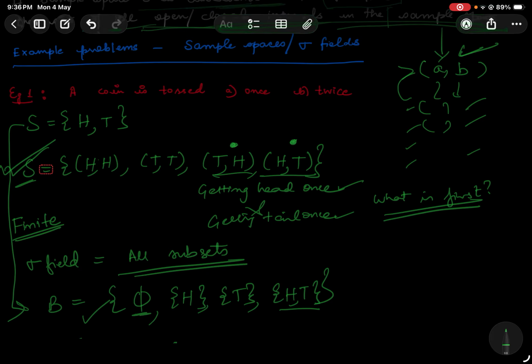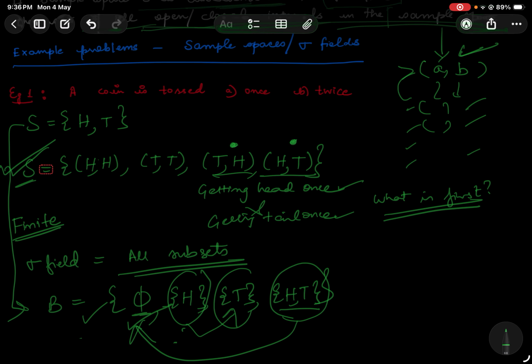And this also satisfies the rules of sigma field, that is the empty set being part of the sigma field, closed under complementation. Closed under complementation means that if I have H, then the complement of H, which is T, should also be there. T is there. If I have T, the complement of T, which is H, that is also there. If I have HT, the complement of HT, which is phi, the null set, is there. If I have phi, the complement of the null set, which is the full sample space, is there.